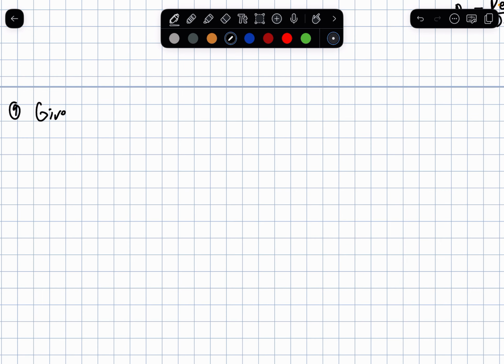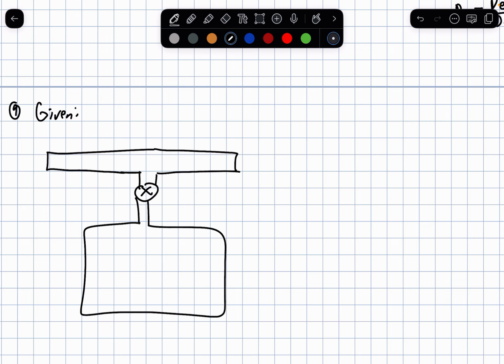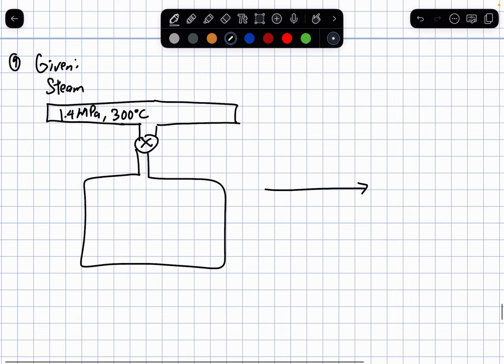Okay, given: flowing in a pipe, connected to a pipe, valve, evacuated tank. Okay, we have this kind of scenario now. Steam at a pressure of 1.4 megapascal and a temperature of 300 degrees Celsius is flowing in a pipe. Connected to this pipe through a valve is an evacuated tank. Evacuated, in easier terms, empty.